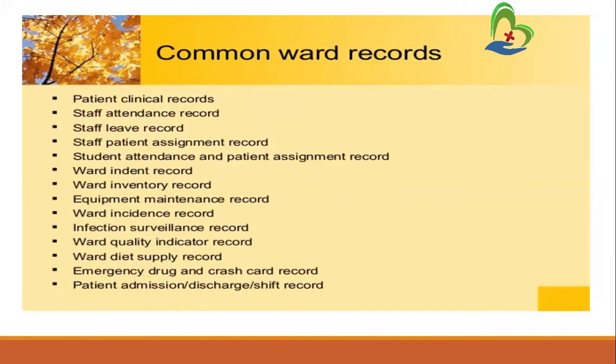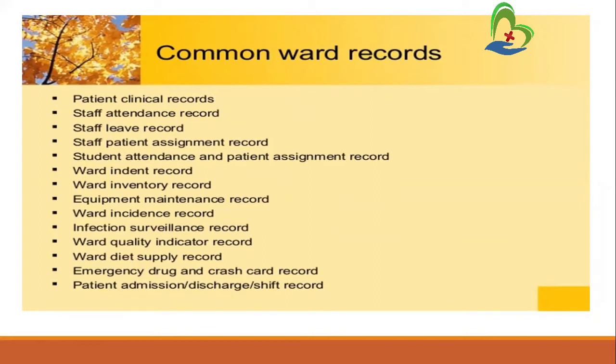Then common ward records. There are many records we have to keep on the hospital side. Okay. So in common ward records, these kinds of records should be maintained as per the hospital committees. First of all, the patient clinical record, meaning how the patient got treatment, what kind of medication was given to the patient, what kind of nursing procedure was given by the staff.